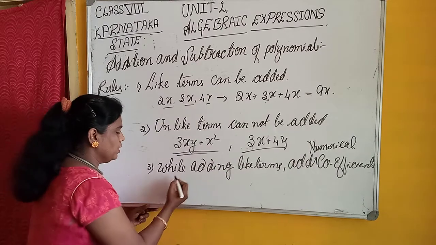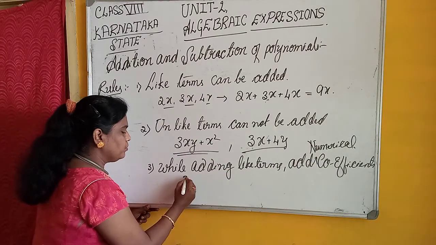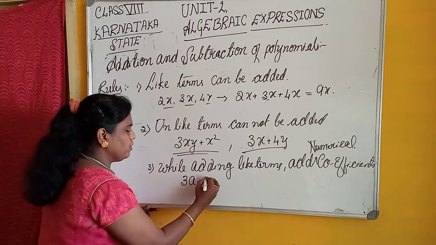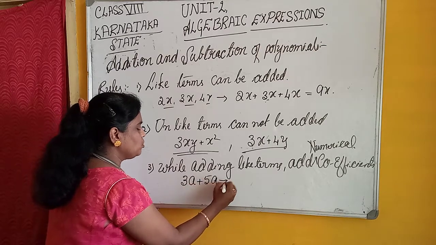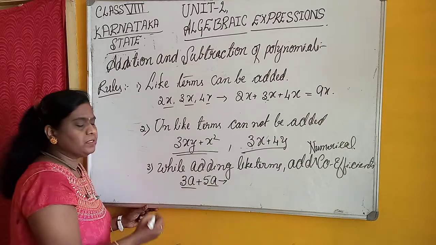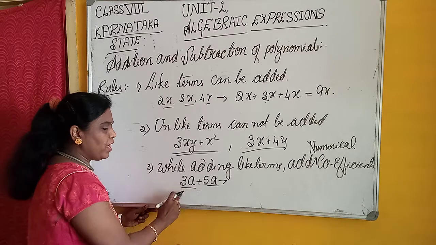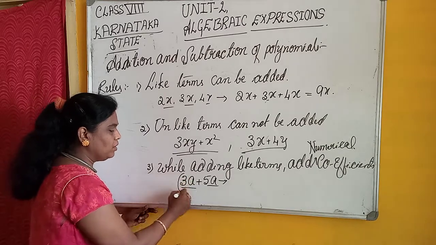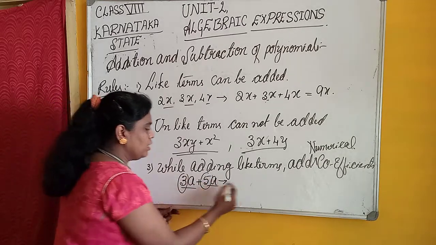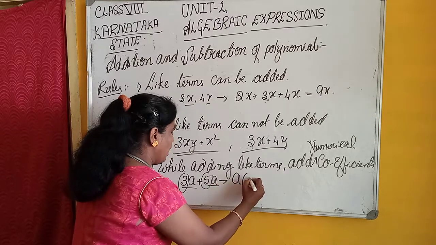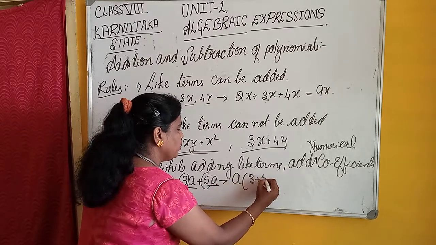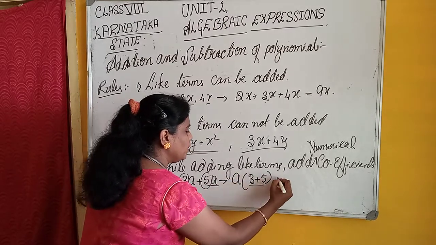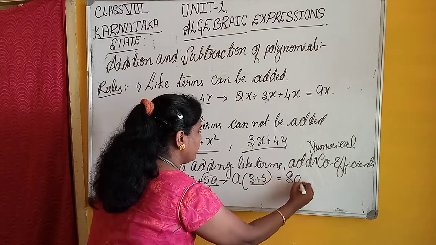For example, if you want to add 3a plus 5a, how can you add? These two are like terms with the same variable and the same exponent. While adding this, we have to add only the 3 and 5. A is taken as common and we write 3 plus 5, adding only the numerical coefficients, that is 8a.